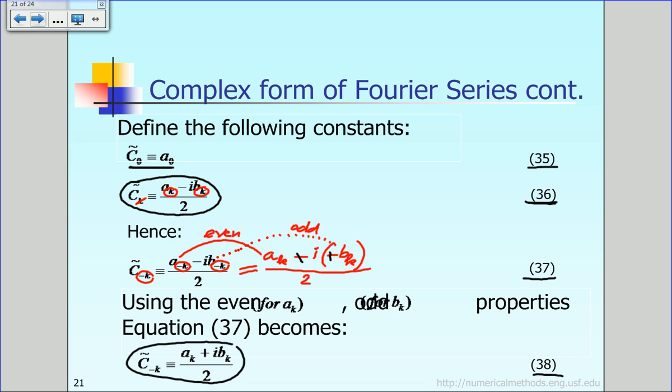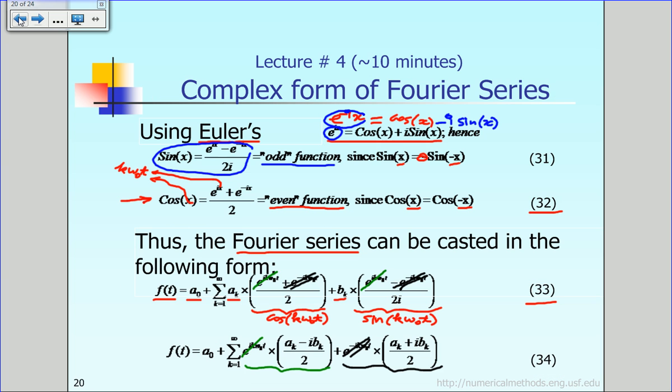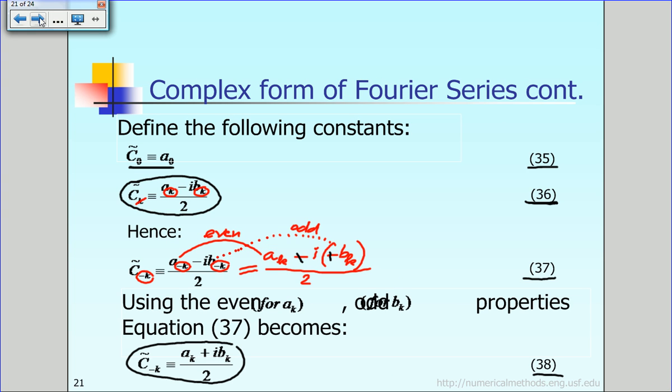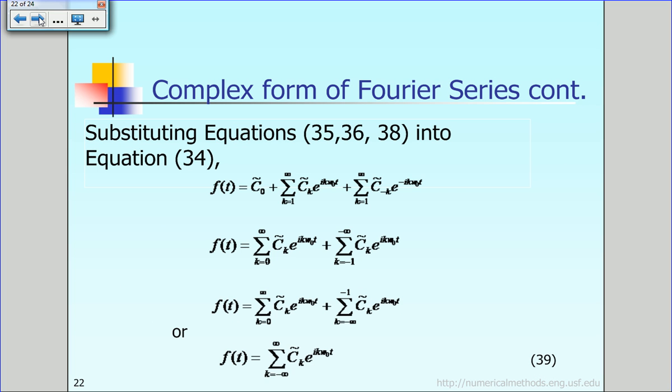So if we substitute equation 35, equation 36, and equation 38 back into the previous formula, which is equation 34, then, based on the new notation defined in equations 35, 36, and 38, the Fourier series can be expressed in this form.